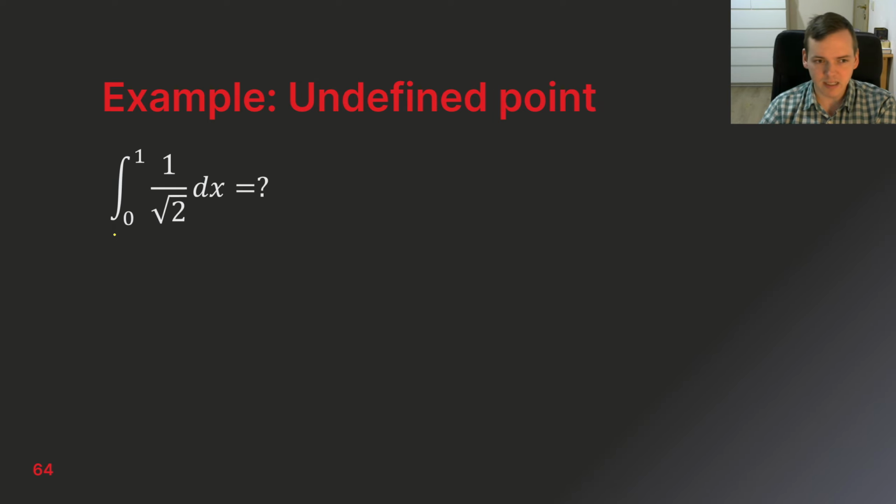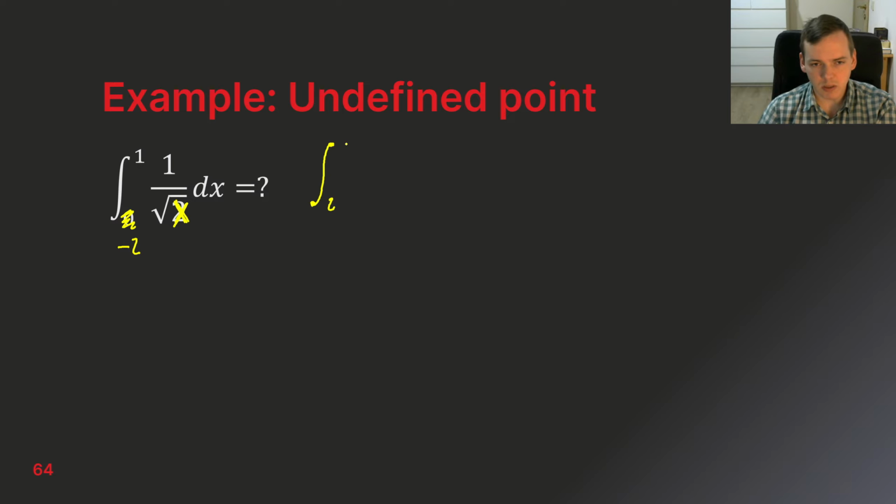Let's look at a second example of an undefined point. I'm actually going to change this real quick to make it a little more interesting. If you want to swap this in your notes, you can. This expression, that should be an x, not a 2, is undefined when x equals 0. So we're going to swap out that 0, that problematic point, with a b.